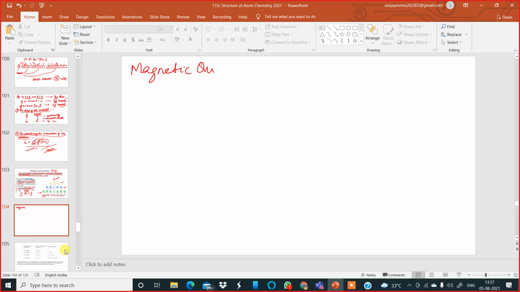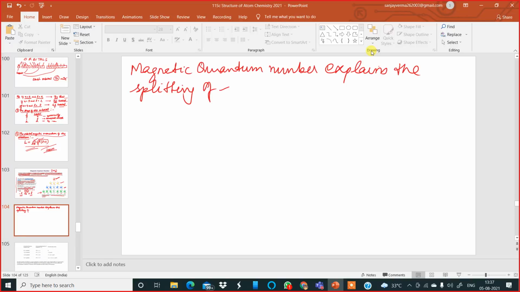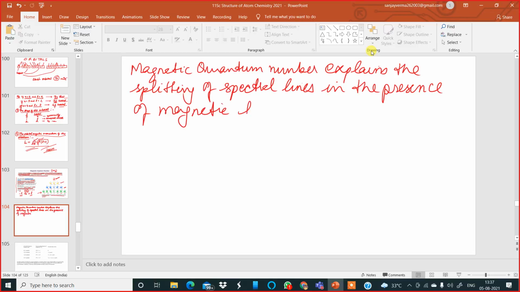The magnetic quantum number explains the splitting of spectral lines in the presence of a magnetic field, and that is how we get to know the orientation of the orbitals, because of this splitting in the presence of a magnetic field.